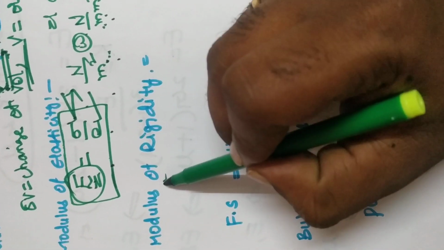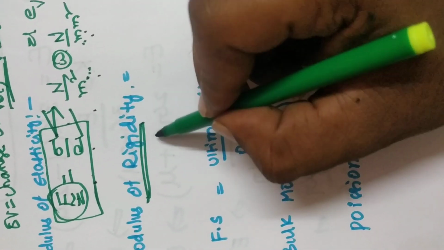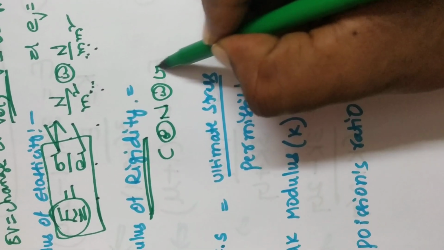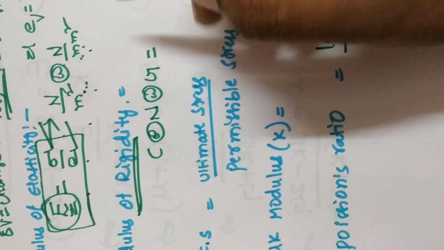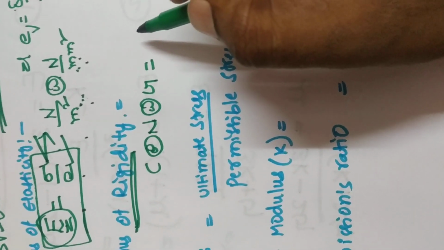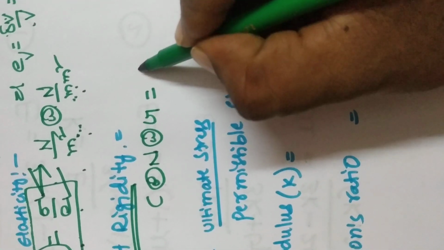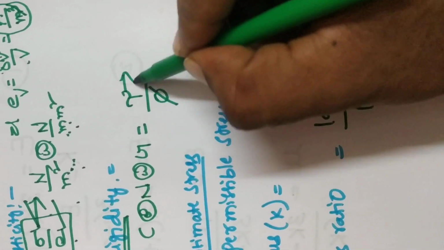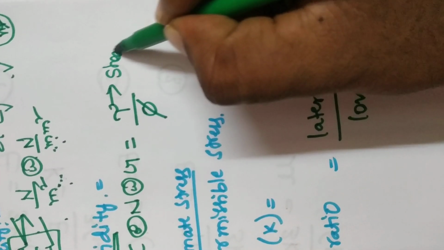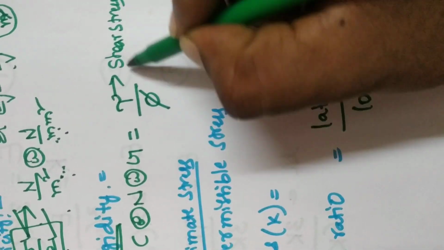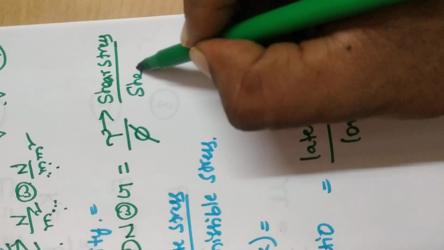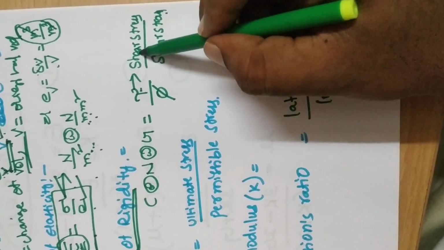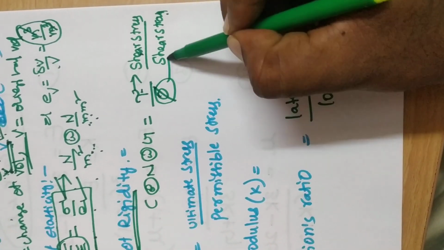The next one is modulus of rigidity. C or N or G, these are the three symbols that represent the modulus of rigidity. Modulus of rigidity equals tau by phi, where tau means shear stress and phi means shear strain.